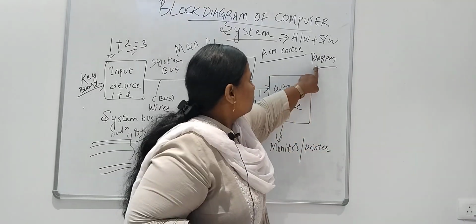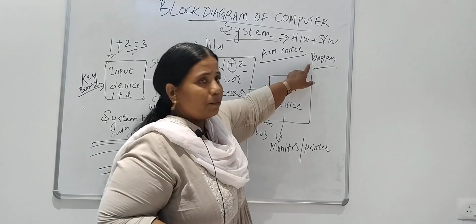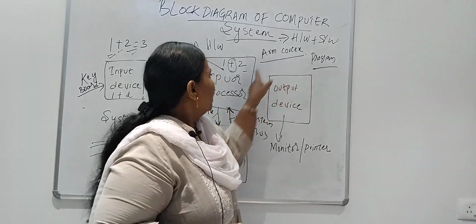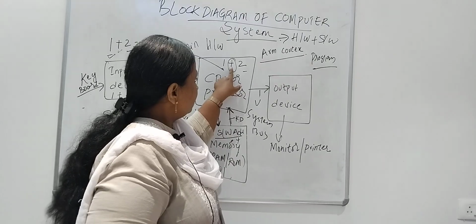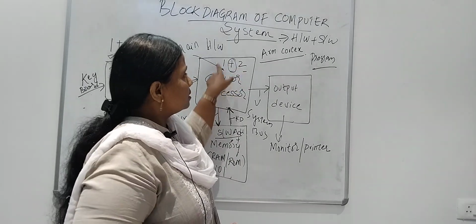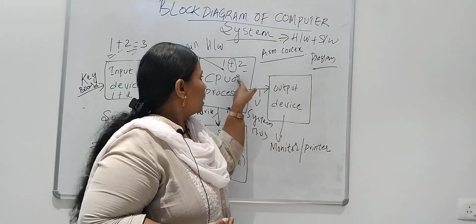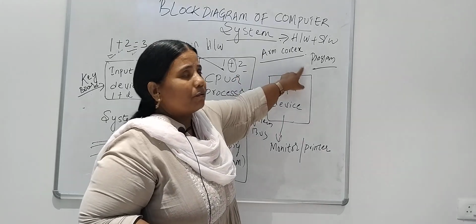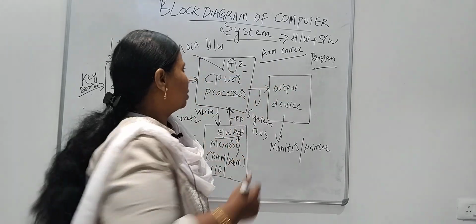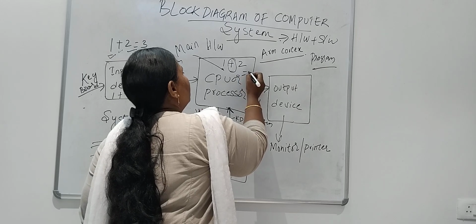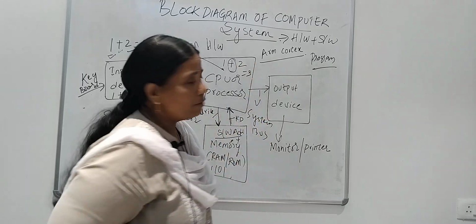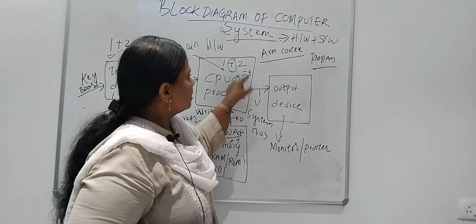According to the machine level program, the ones and zeros program, it does the addition operation using the hardware with the help of the program. Once it does the addition, the result will be stored, and you are going to get the result as 3.